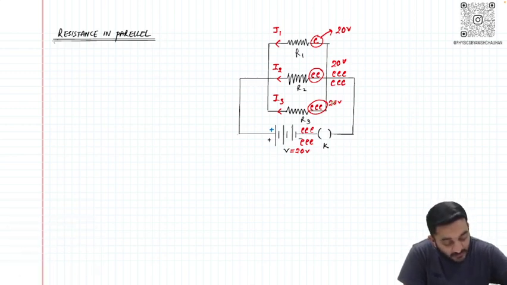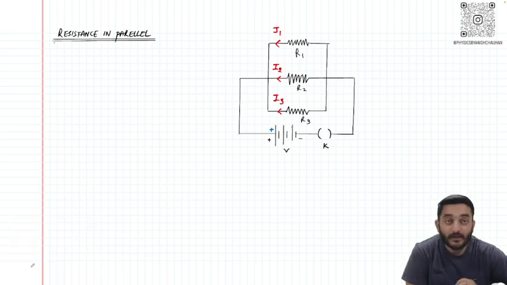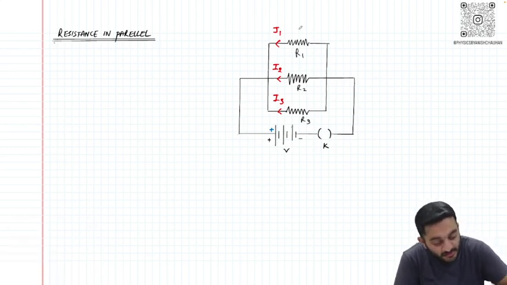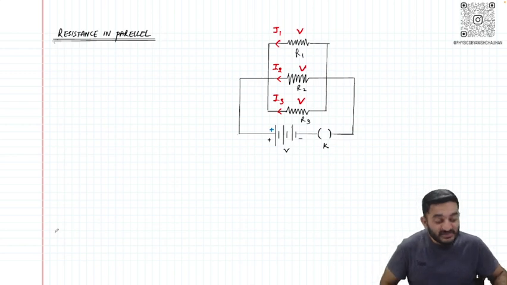So my current is going to get divided in the circuit, but my voltage for all 3 is going to remain the same. This is the best part.